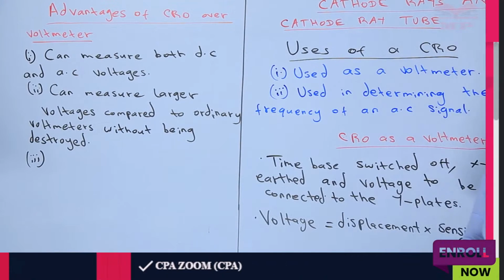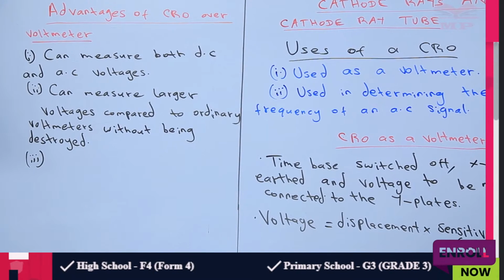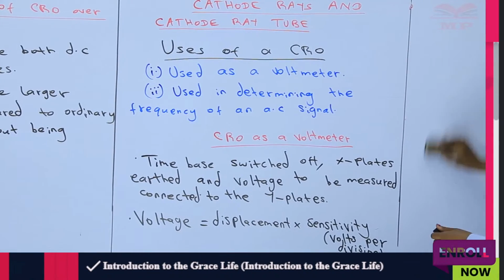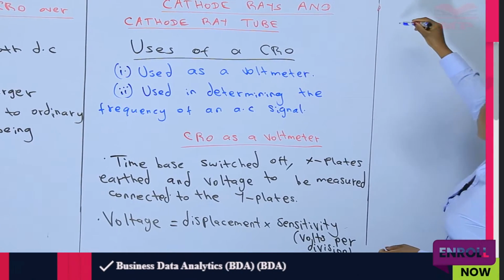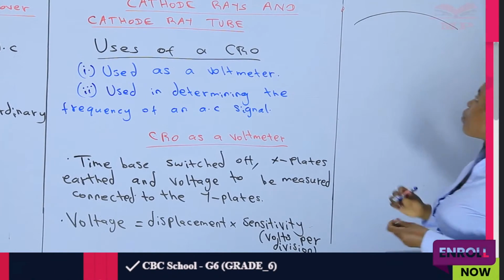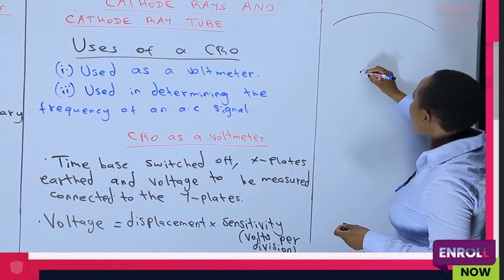Then we know very well when we are using the voltmeters in electricity, when you want to read the reading, we usually check how the pointer moves.